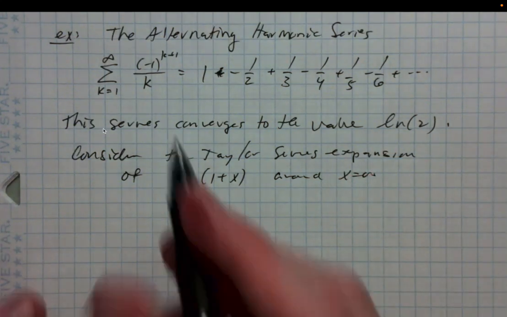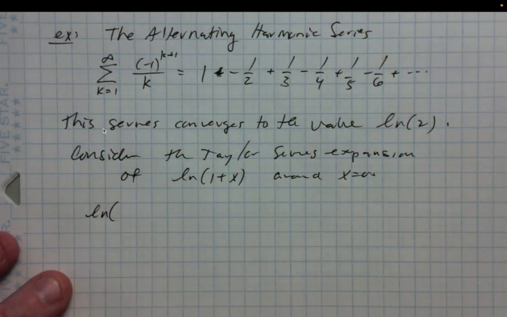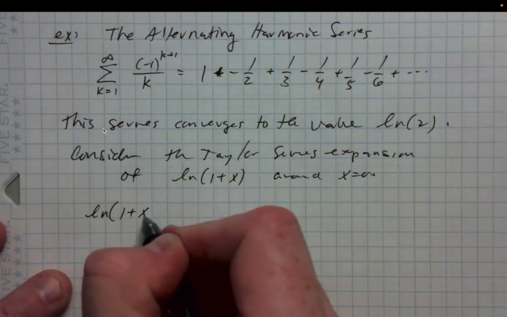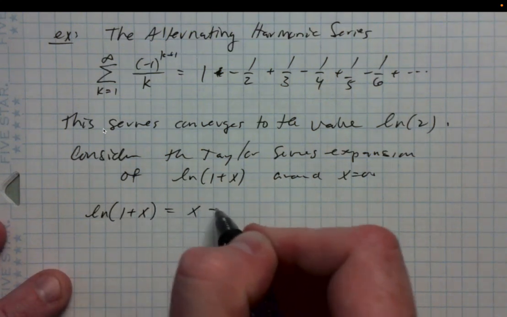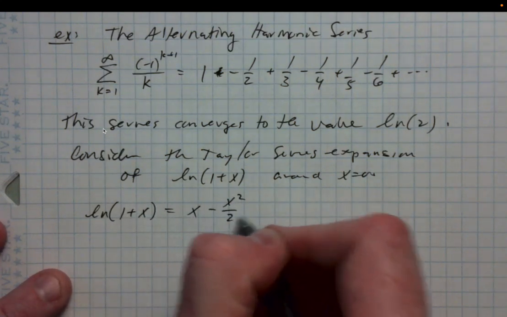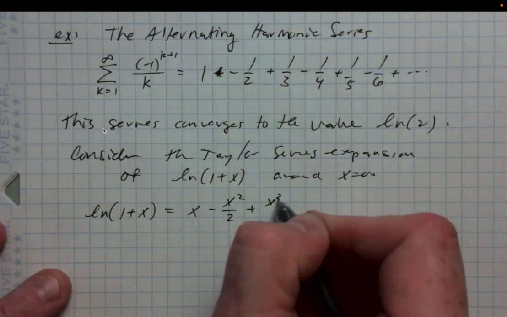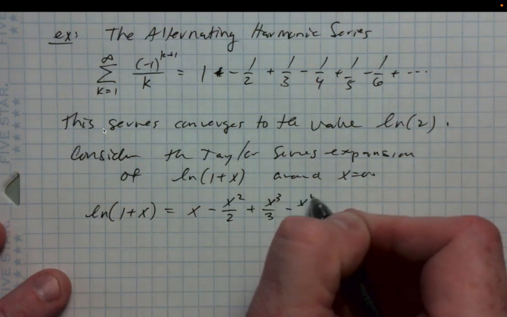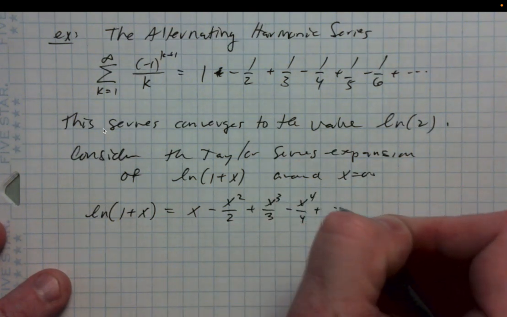If you don't remember this, you can look it up, but the natural log of 1 plus x is equal to x minus x squared over 2 plus x cubed over 3 minus x to the 4th over 4 plus and so on.